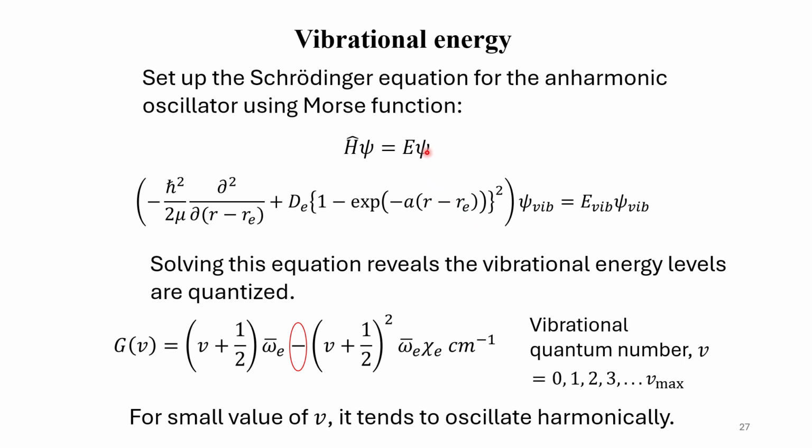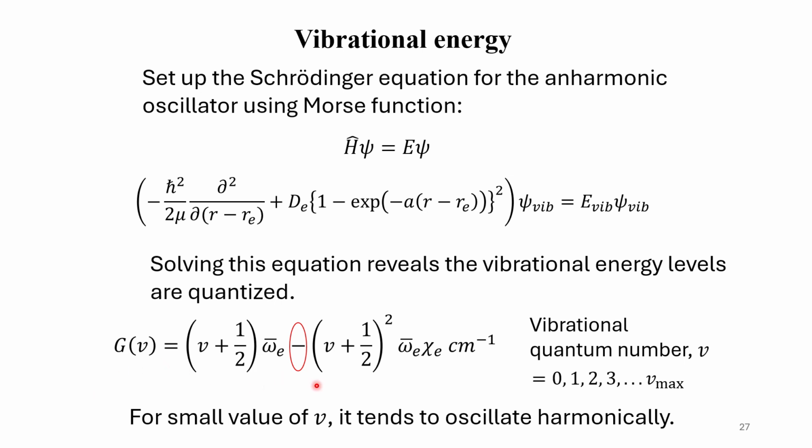Solving this equation reveals that the vibrational energy levels are quantized. The energy term G(v) represents this quantized energy level in units of wave number. Here v represents the vibrational quantum number, which takes the values 0, 1, 2, 3 up to a maximum value.